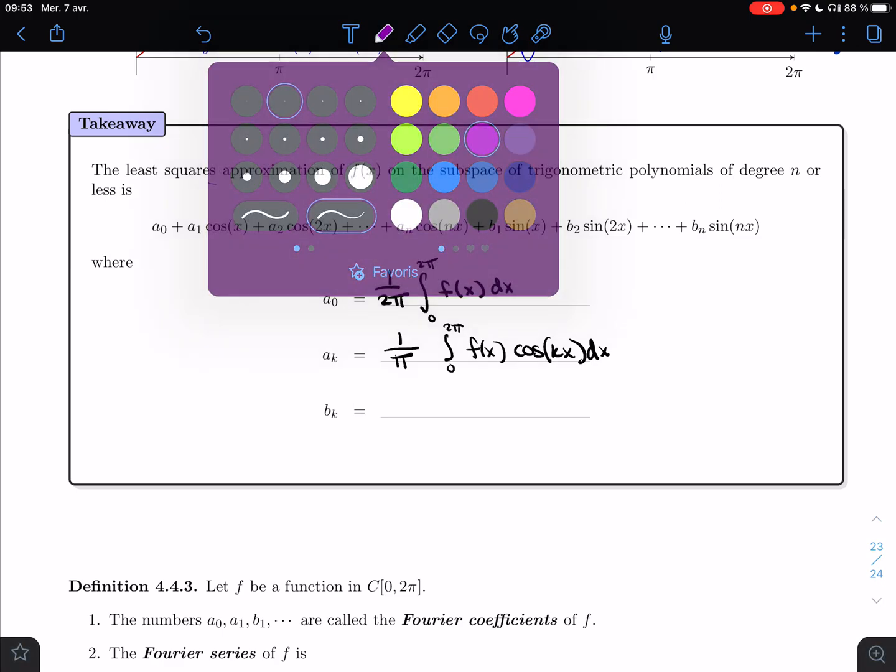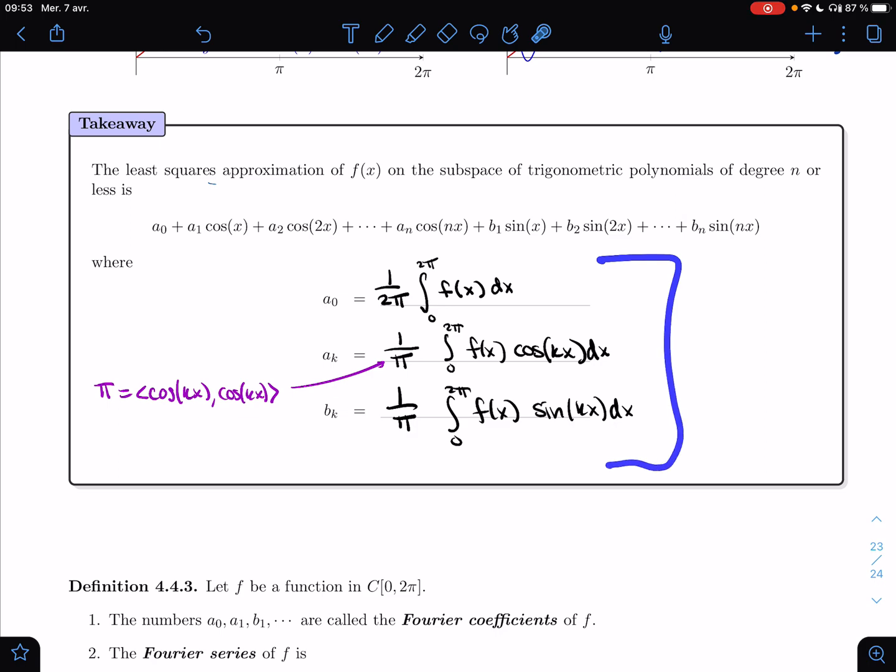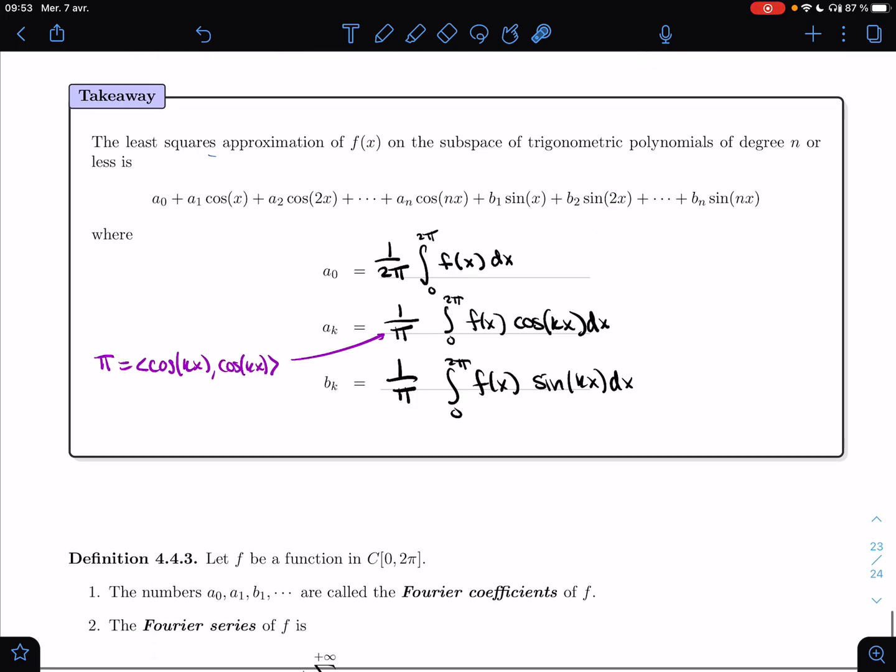This 1 over pi, pi is the integral of cos kx squared. We did find it for sine, same thing here for cosine, and then f of x sine kx dx. All right, so these are your coefficients in some sense when you're taking projection onto trigonometric polynomials.